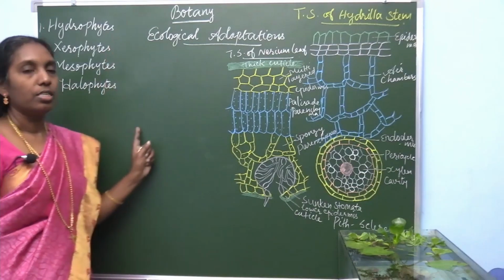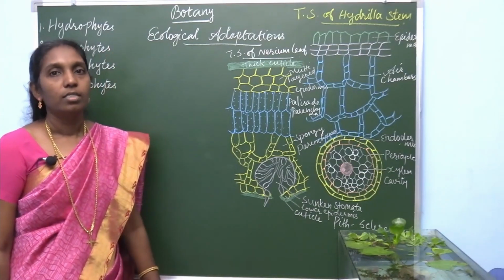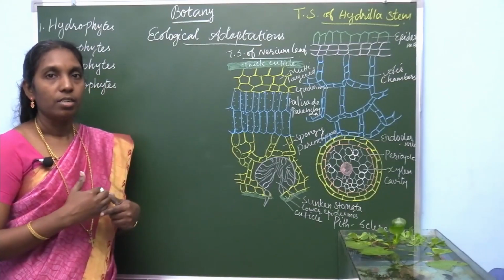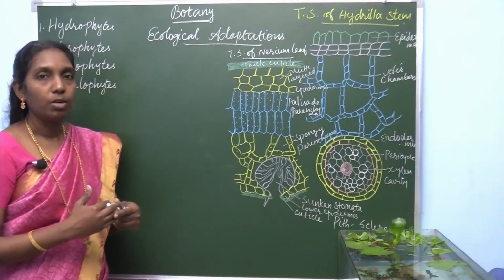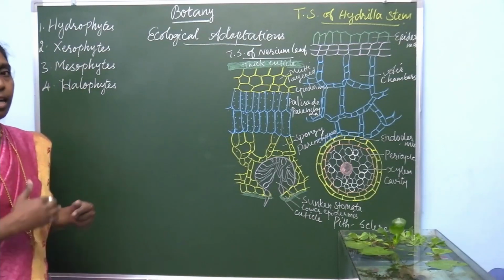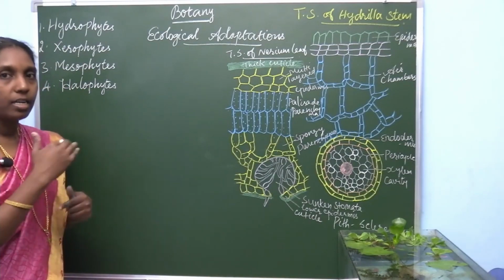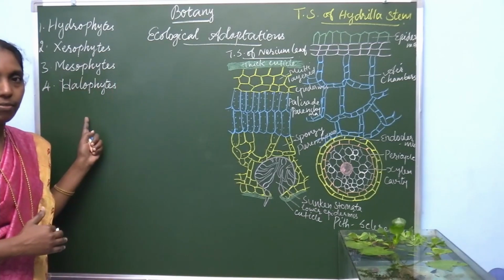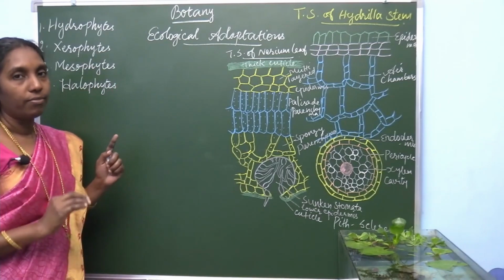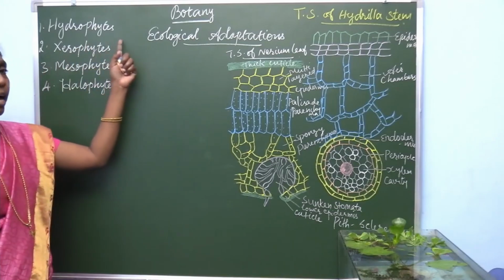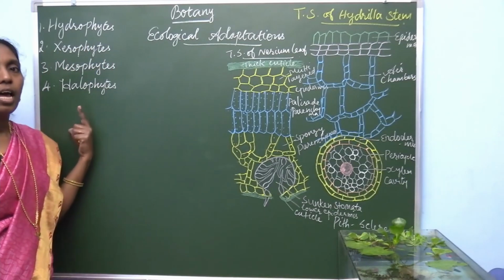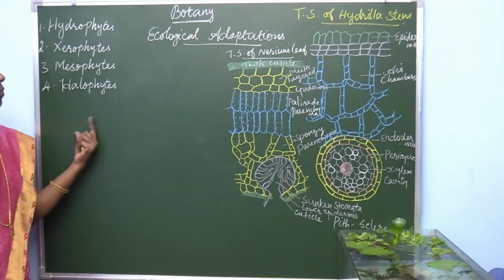This classification is based on the organism's habitat and the corresponding adaptations. The organisms are classified into 4 different categories. They are hydrophytes, serophiles, mesophiles, and halophytes.